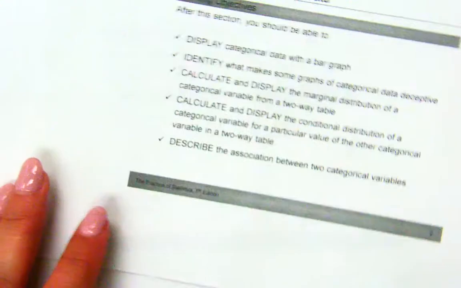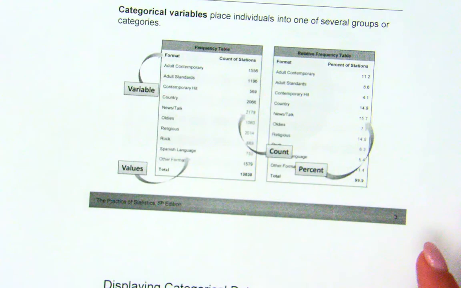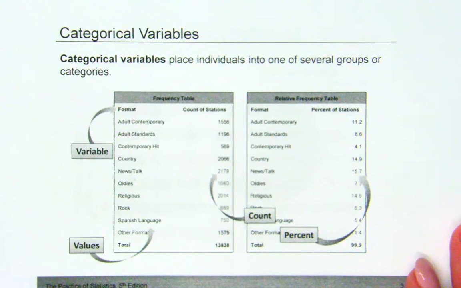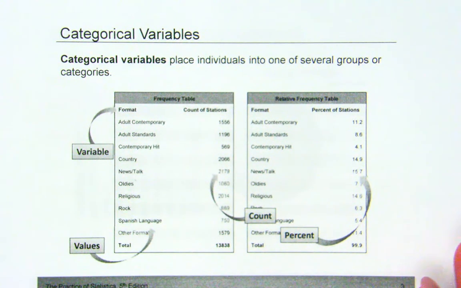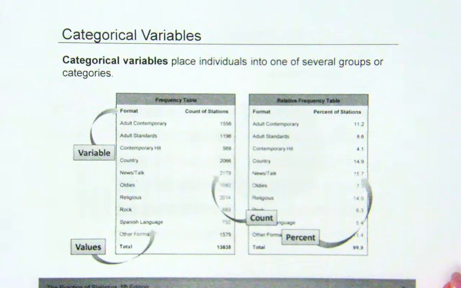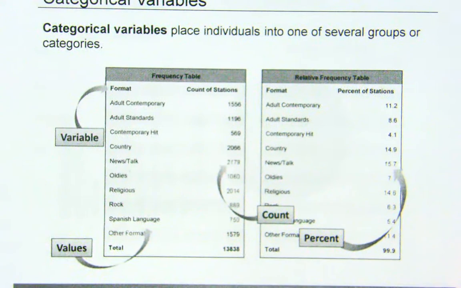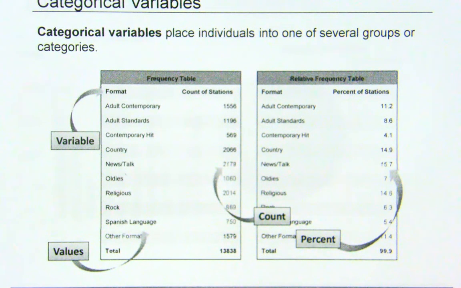So let's see, the first thing is categorical variables. If you'll remember, those were things where it doesn't really make sense to take the average, right? In categorical variables, in this case, we place individuals into one of several groups or categories. So in this case, we have the radio stations, right?